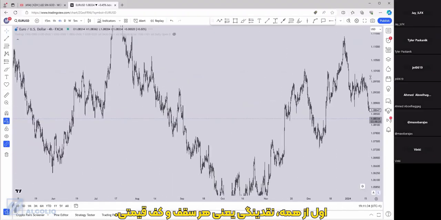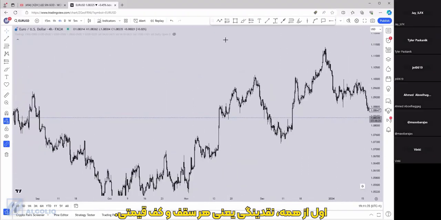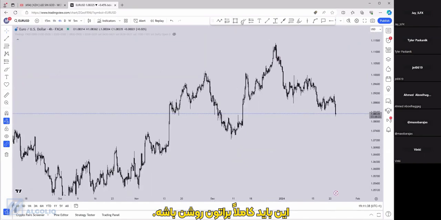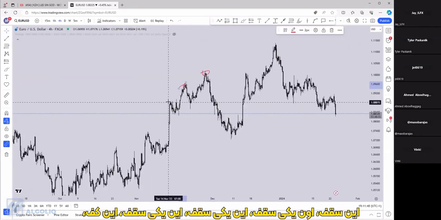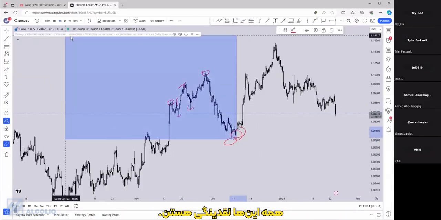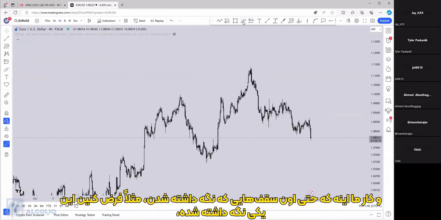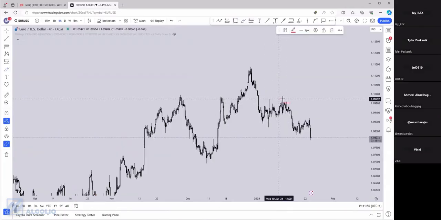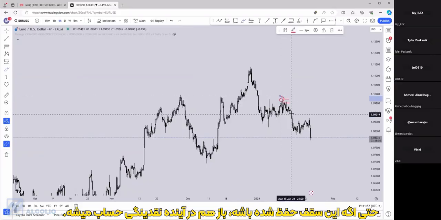First of all, liquidity is every single high and low. That's what should be very clear. This high, this high, this low, this low. All this liquidity. Even the highs that hold, let's say this guy held, this is still liquidity in future.